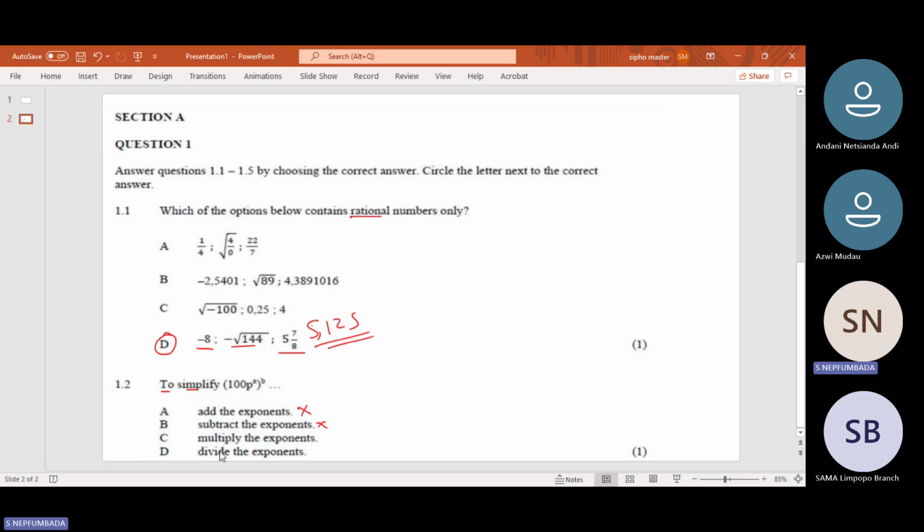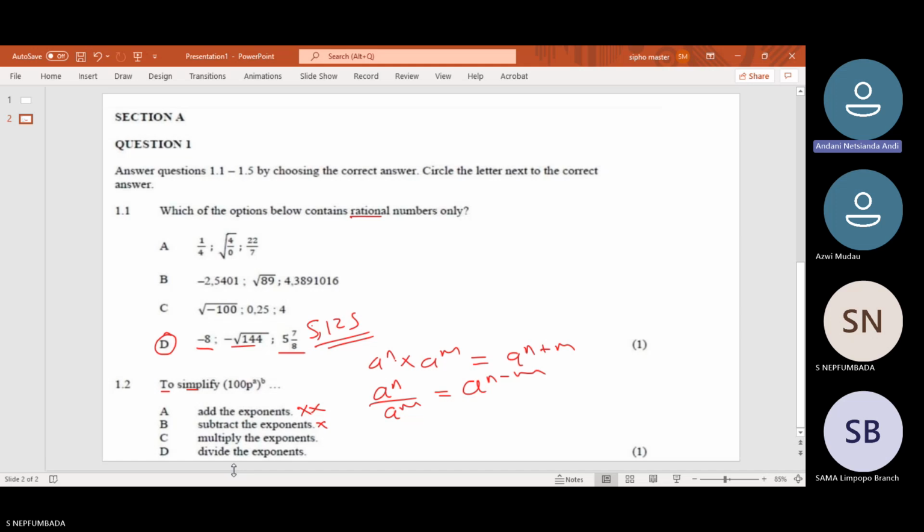No, we subtract the exponents if we are dividing. Are we good?